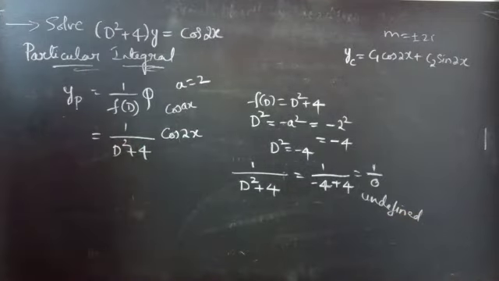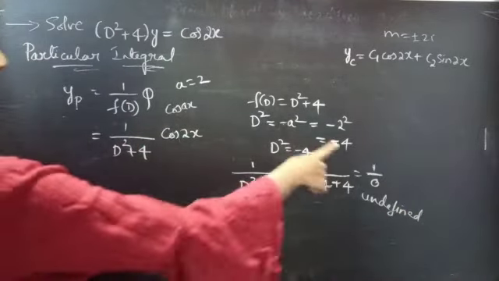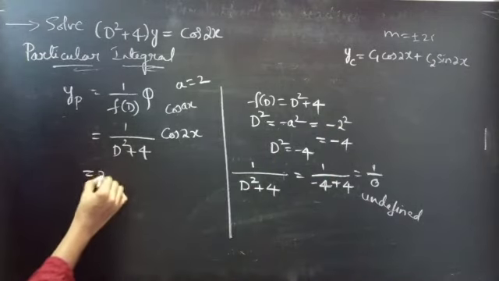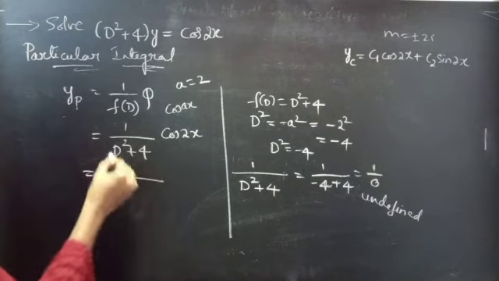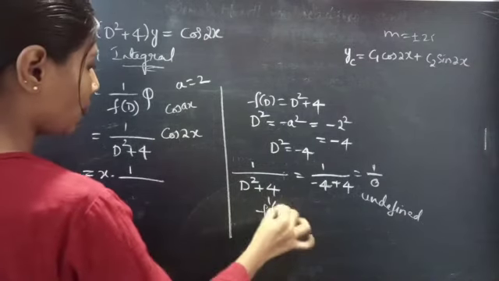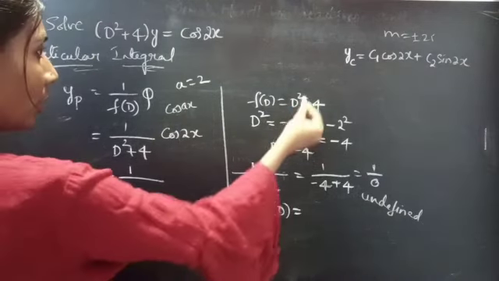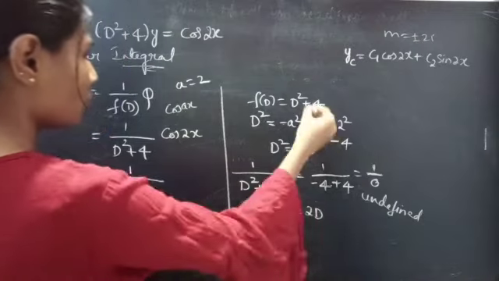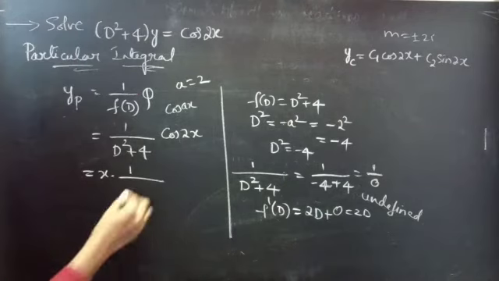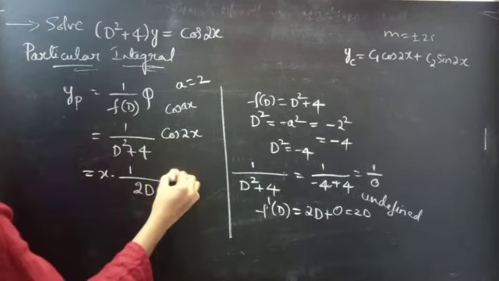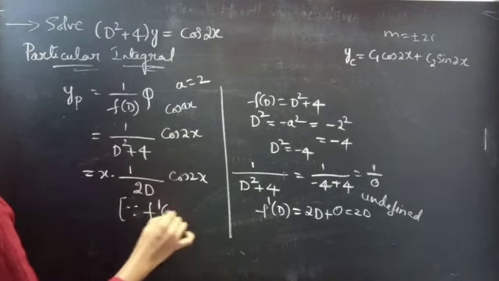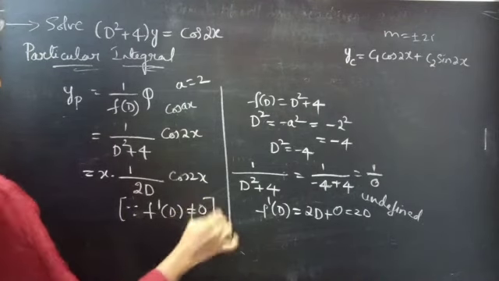So we won't replace D square by minus 4. Then what do we have to do here? We'll write x into 1 by the derivative of D square plus 4, which means we find f dash of D. The derivative of D square is 2D plus the derivative of a constant, which is 0, which equals 2D. So you get 2D into cos 2x, since f dash of D is not equal to 0.